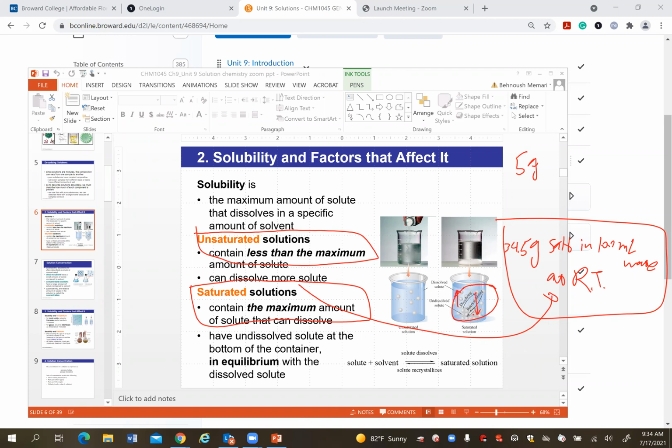So this can go back and forth. That's why it's called equilibrium. If you have leftover salt, it can go back and forth, but for every molecule that goes into the liquid in aqueous form, or dissolves, one should go down, and it should never exceed the maximum allowed at the given temperature.